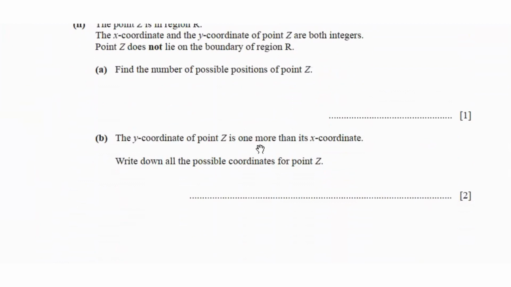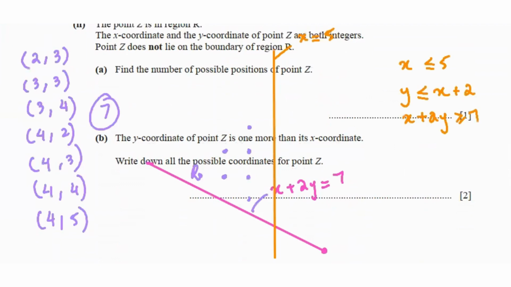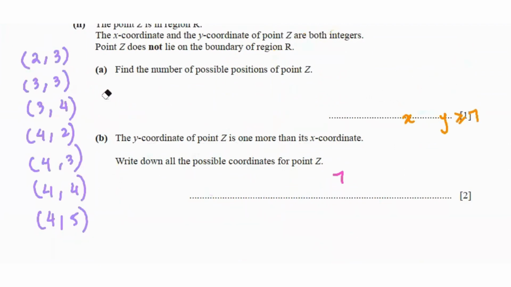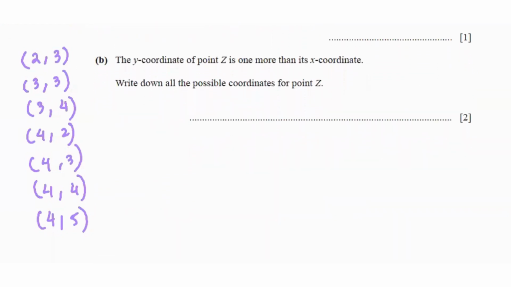The y-coordinate of point Z is 1 more than its x-coordinate. Write down all the possible coordinates for point Z. So let me just remove this. These are the possible combinations that we made.